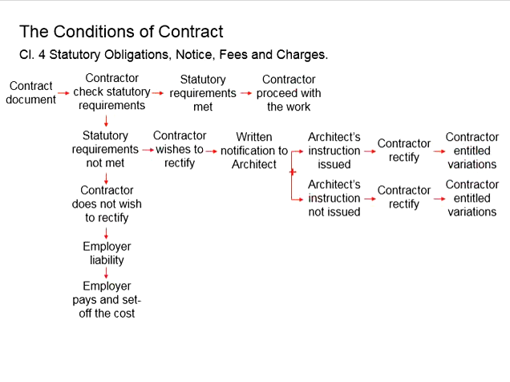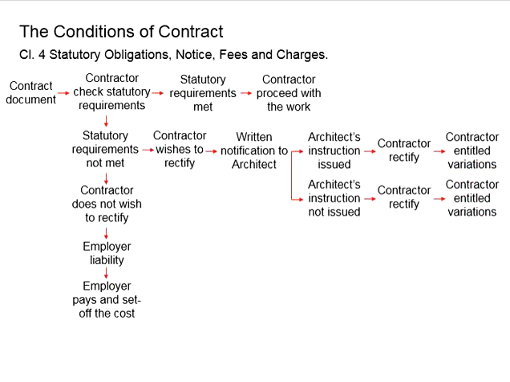In the case that the architect is silent on this, and the contractor wishes to rectify, the contractor will do so in order to meet the statutory requirement. The contractor will still be entitled to the variations.